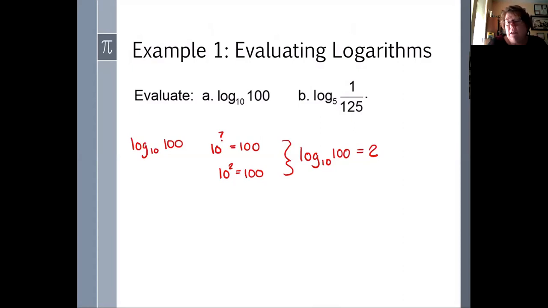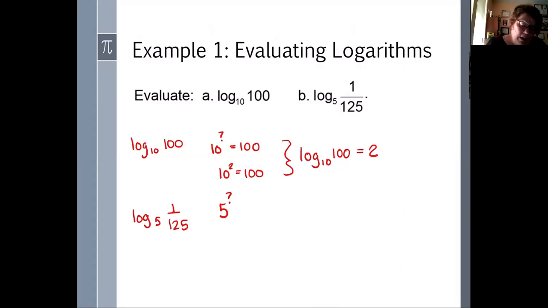All right, the next one's a little bit more complicated than the first one. Log base 5 of 1 over 125. So let's first write that in an equivalent exponential form. So our base is 5. And we're going to raise that to some exponent, which I'm just denoting with a question mark.